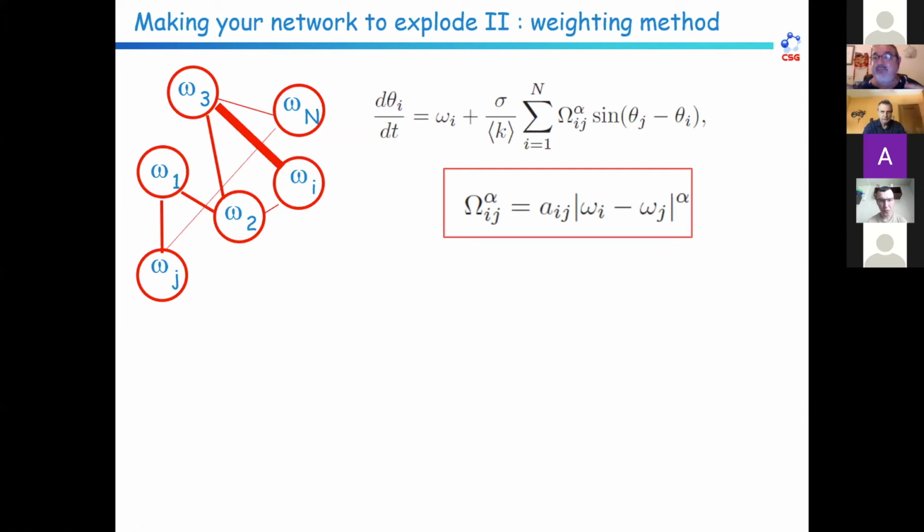That is, you promote the links between oscillators far apart in frequencies, and you shrink the weight of the links between those oscillators which are potentially synchronizing very easily. So you are putting a frustration mechanism in the synchronization.